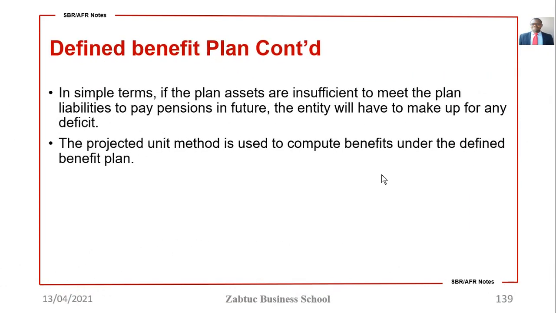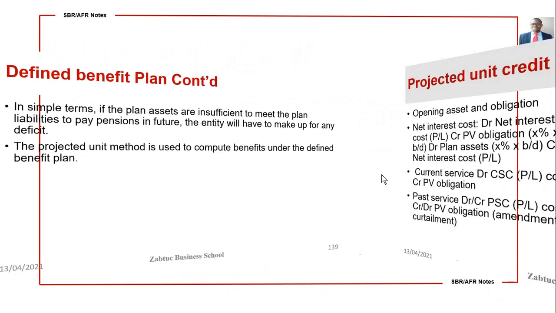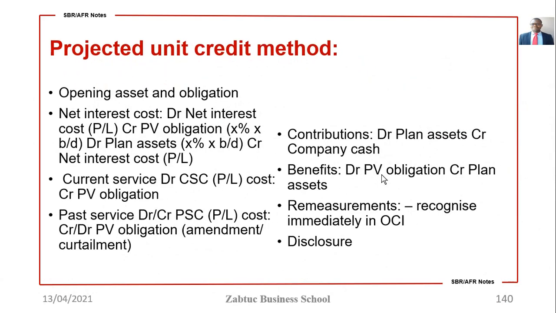In simple terms, if the plan assets are insufficient to meet the plan liabilities, to pay pensions in future, the entity will have to make up for any deficits. The projected unit method is used to compute benefits under the defined benefit plan, and of course the detail of that is outside the scope of financial reporting. What we need to know as accountants is how to deal with the double entries.